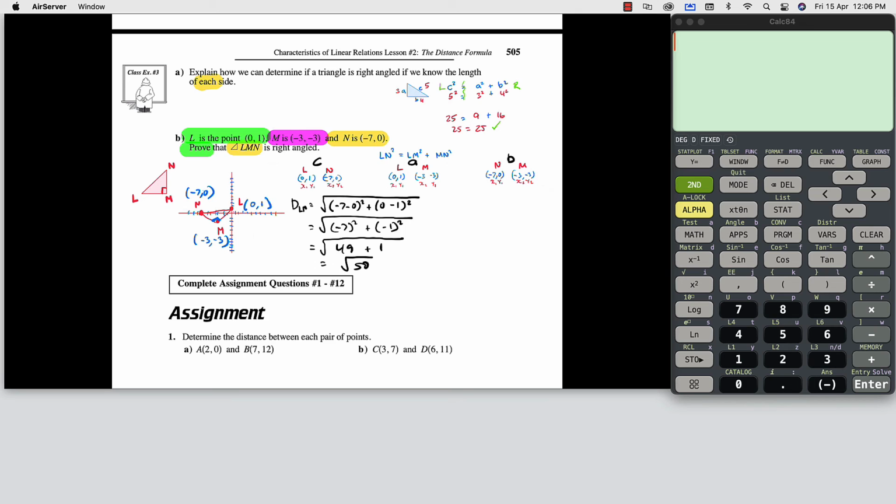So the square root of 50, we can leave it in that form right now as an exact value, and we're going to need to do the same thing to the other 2.